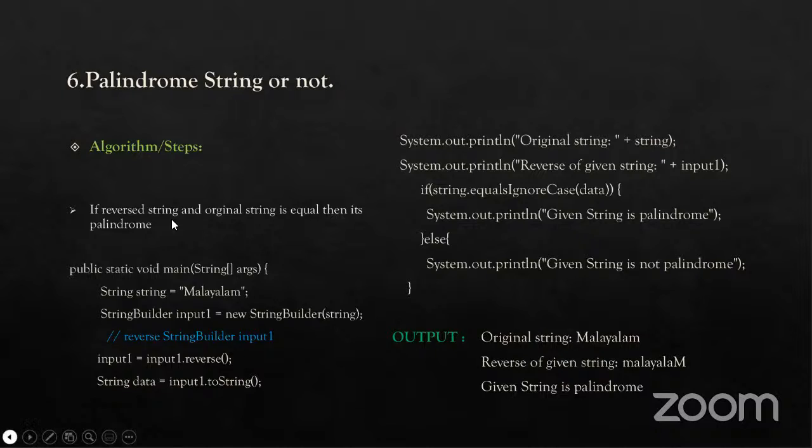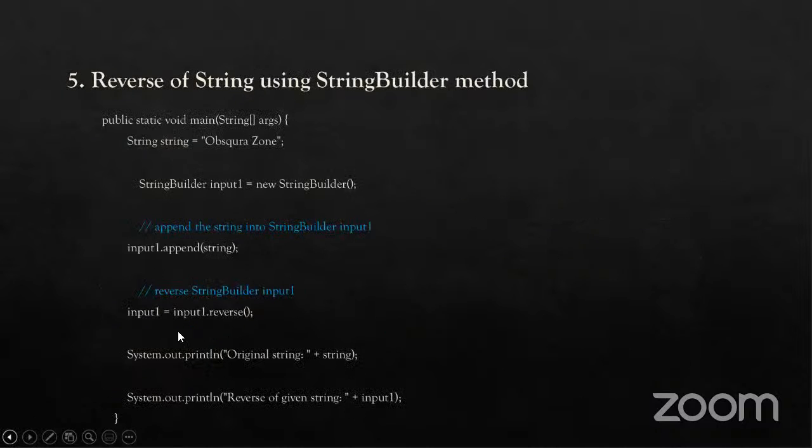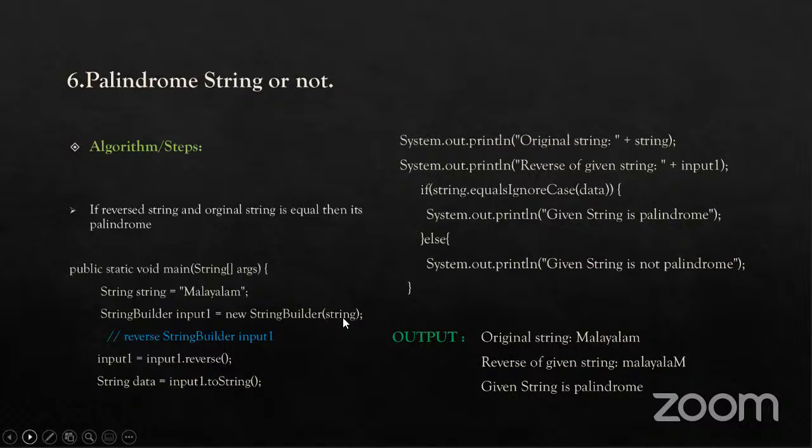In the reverse program that we saw here, we appended the string to the StringBuilder class. Instead of appending, we can pass the string when creating the input1 object, so that input1 will be Malayalam. Inside input1, the Malayalam string will be stored.